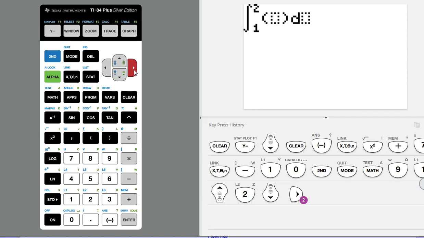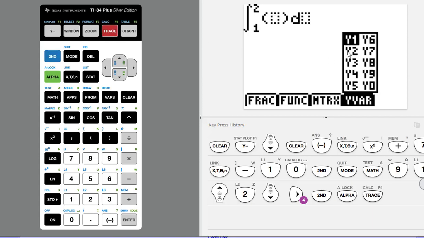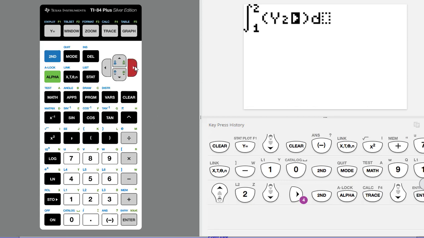If I get to alpha and my trace key, then I can get to y2 very quickly. All right, so I'm going to hit enter for that, and then dx. Enter.